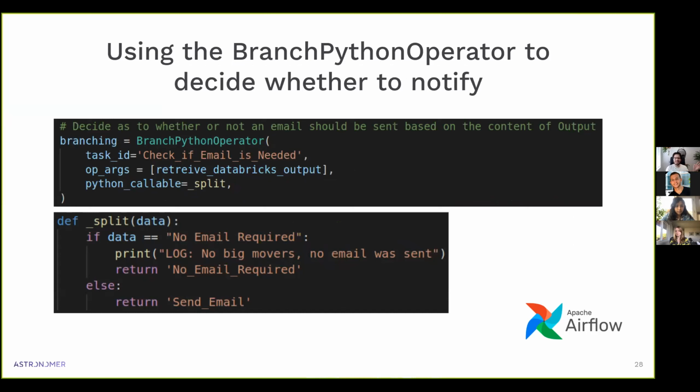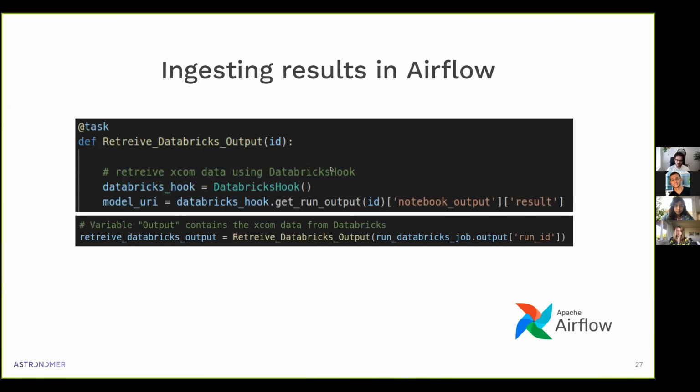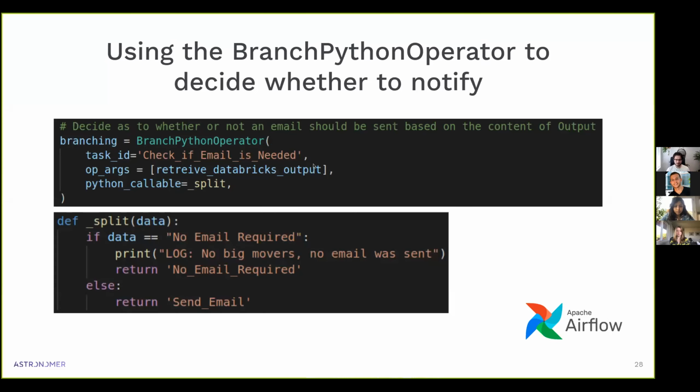Within the branch Python operator, we call a Python function, and we also specify the data that we're going to be working with. In this case, it's going to be the retrieve Databricks output, which is the data from Databricks. So from branching, we call this function called split. And split contains the logic for the branch.